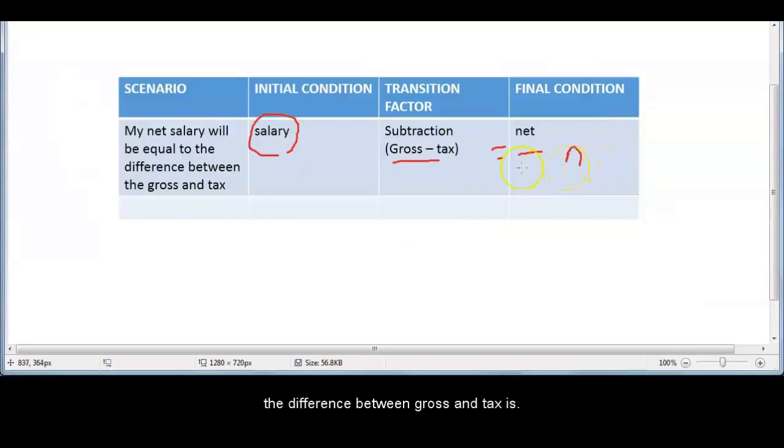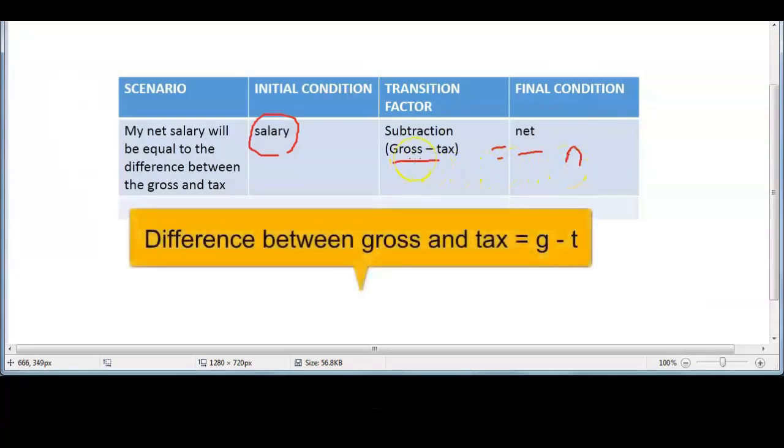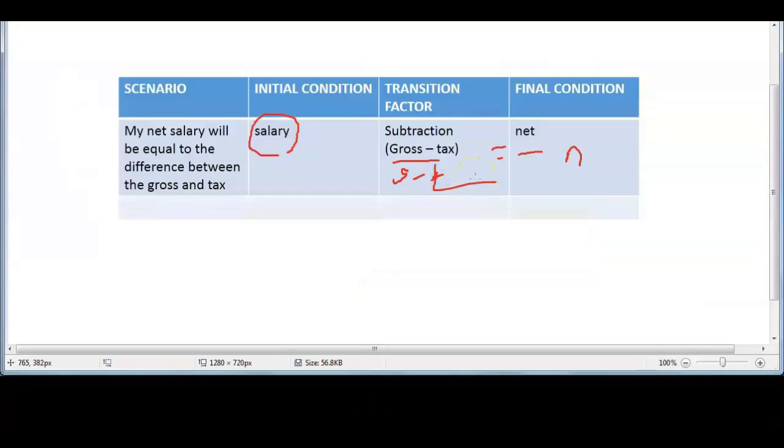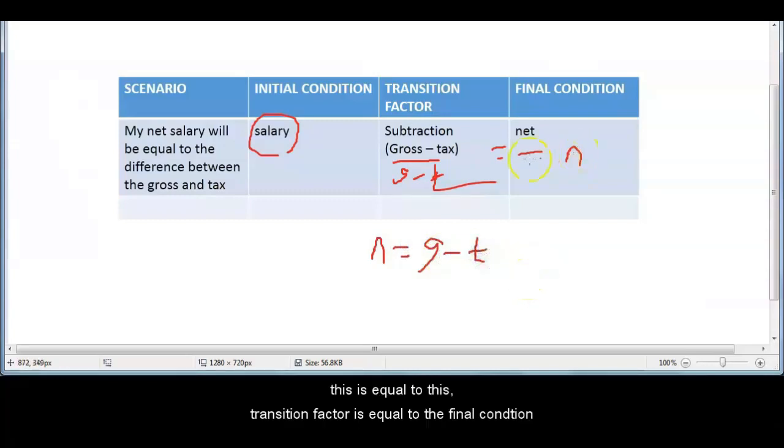The difference between gross and tax is G minus T. So that means N will be equal to G minus T. The transition factor is equal to the final condition.